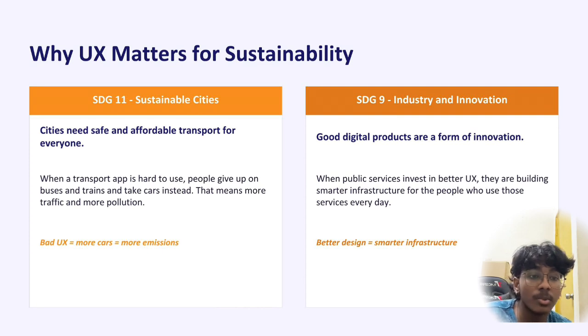When a public transport application is poorly designed and difficult to navigate, users lose confidence in the system. They abandon public transport altogether and turn to private vehicles instead, resulting in greater traffic congestion and higher carbon emissions. The relationship is direct. Bad UX leads to more cars on the road, and more cars mean more pollution.